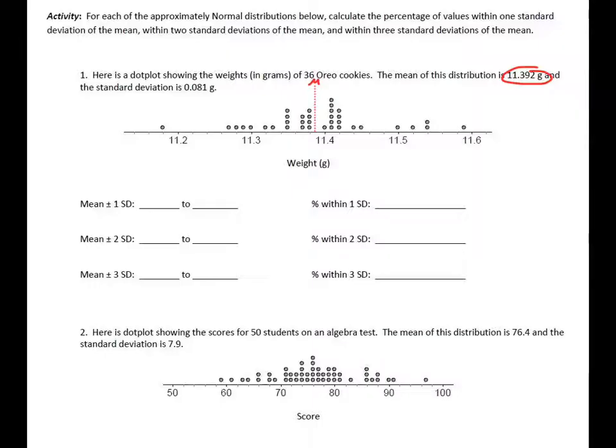So if you're going to look 1 standard deviation to the left or right, like this guy, the mean plus or minus 1 standard deviation. So 11.392 is the mean. And if we look to the right, 1 standard deviation, all you have to do is add whatever the standard deviation is. 0.081 grams.